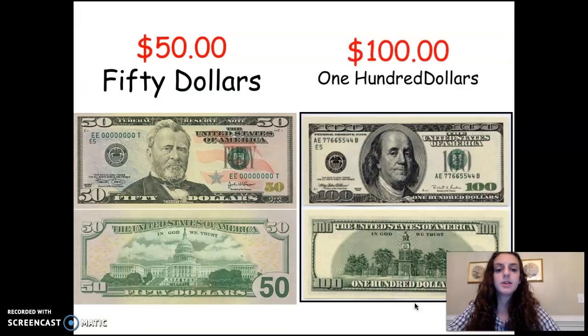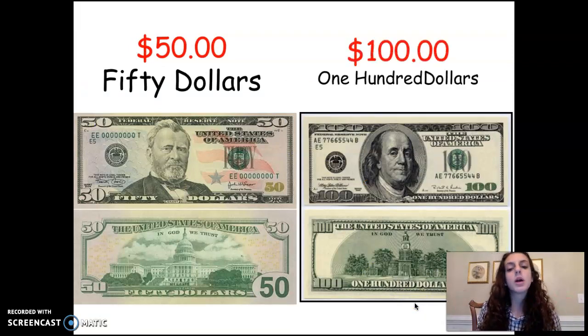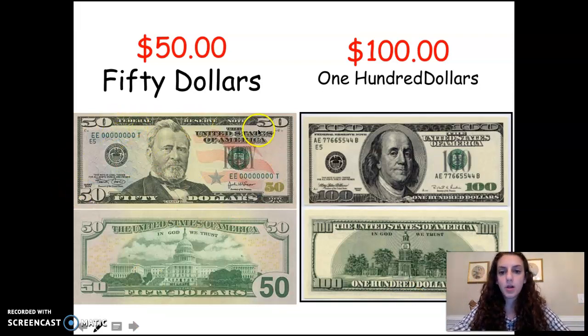Here we see larger bills, or paper money that represents a greater amount of money. So one $50 bill represents $50, which can be written as dollar sign, 5, 0, decimal point, 0, 0.